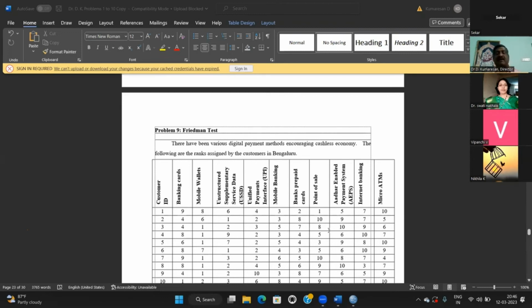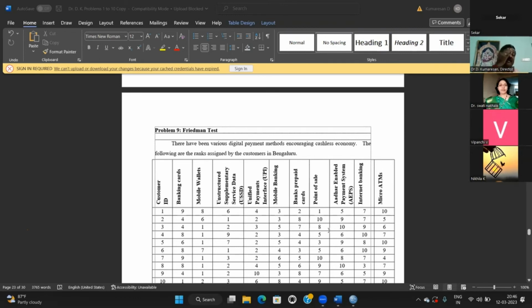Here the data is ordinal data. That is the only difference. So Kruskal-Wallis test is called the non-parametric equivalent to the one-way ANOVA. This is one of the pairs. Another pair is also there.